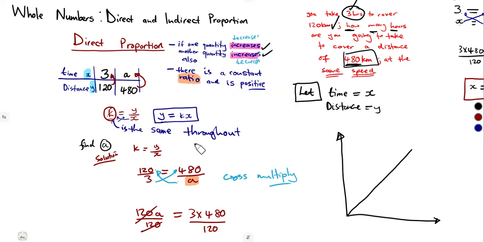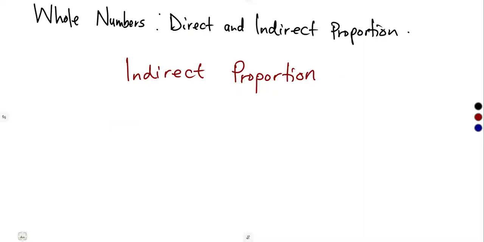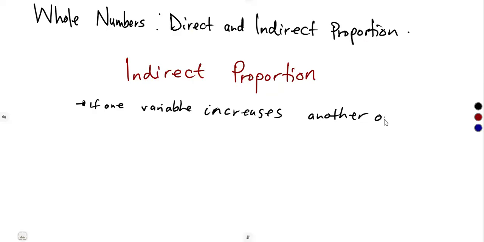All right. So the opposite to this one, guys, is true. That is for the indirect proportion. That is a vice versa. If one variable this time is increasing, another one will be decreasing. So if one variable increases, another one decreases.